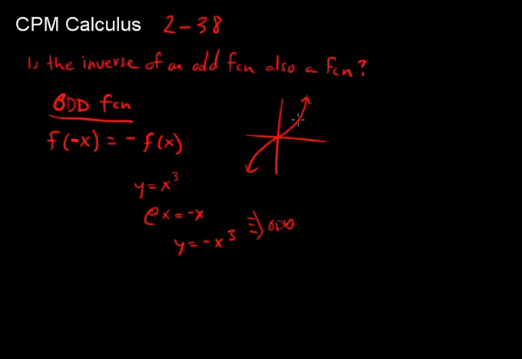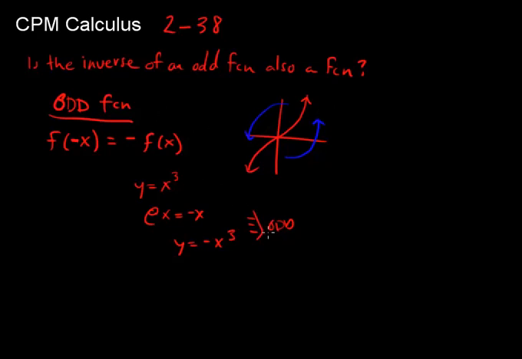So for this example, we know it is odd, and it also has rotational symmetry: if you rotate this whole graph around 180 degrees, you're going to produce exactly the same graph again. If you turn your paper upside down, it's the same graph.